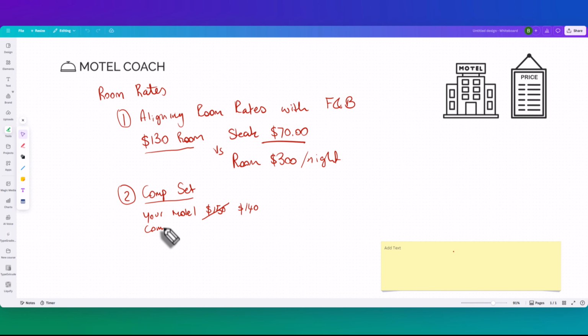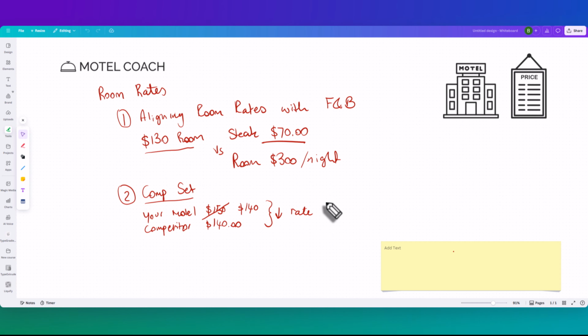Your competitor follows in behind. They don't beat your rate, but they match it at $140. So now both properties have reduced their rate, but the occupancy overall at the 2 properties will be comparable.